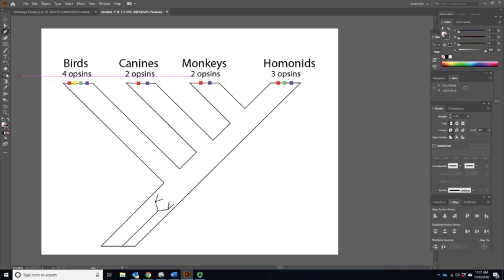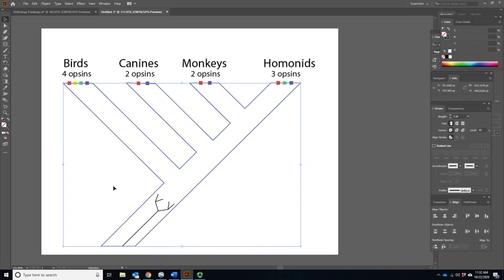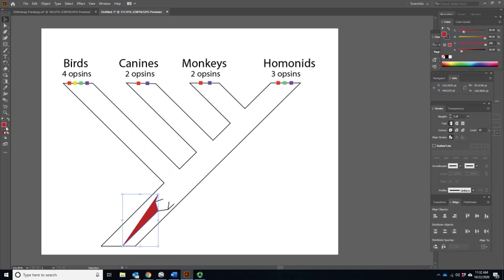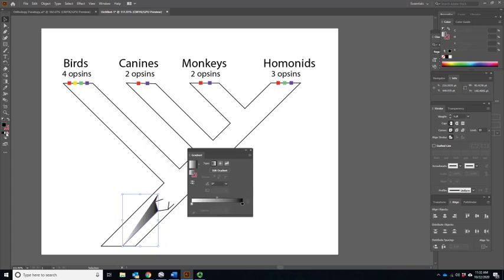Okay, and so we should probably color code these, right? Just to make it clear like it was before, clear as mud. So here we go. We'll do one of these and make it red. There we go.